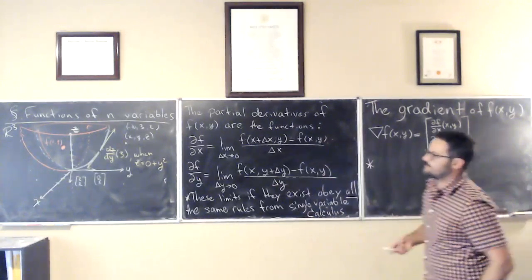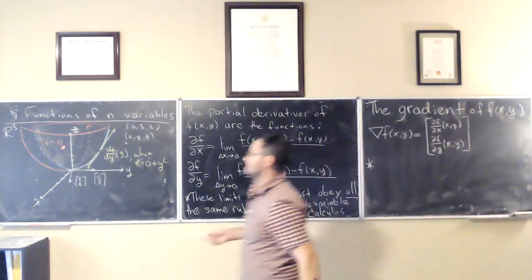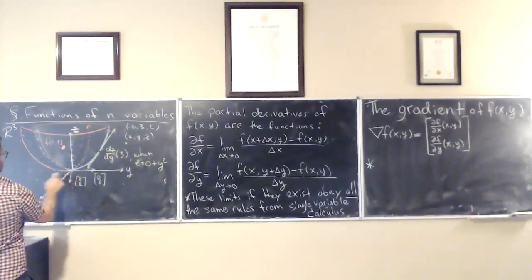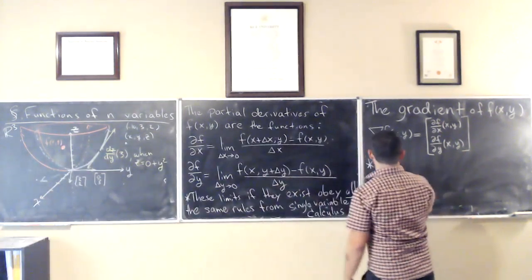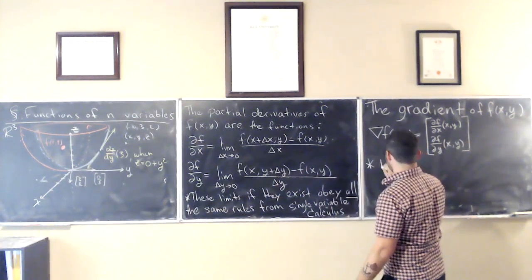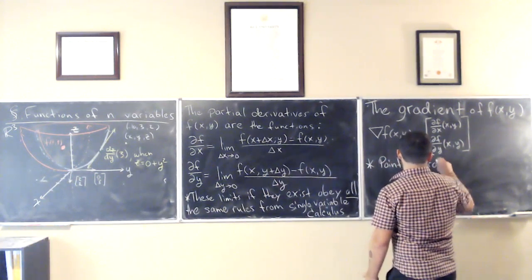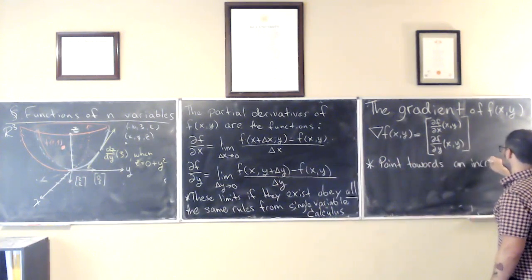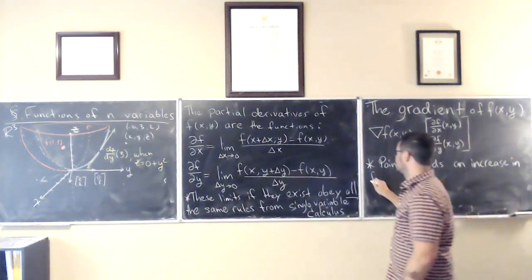We should say that we plug in an x and a y, we get a vector, and wherever that vector lands, like here or something, it will point towards an increase in z, or in f.